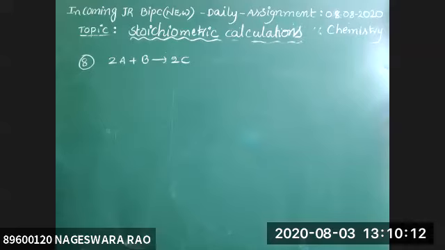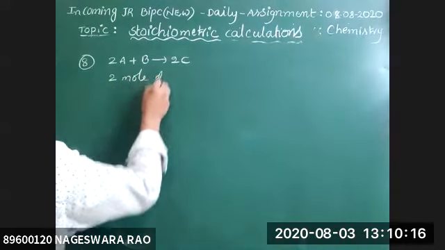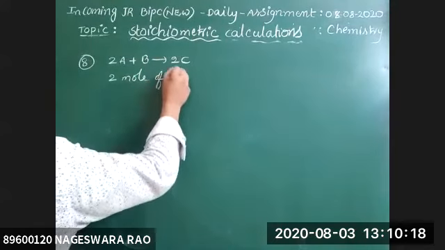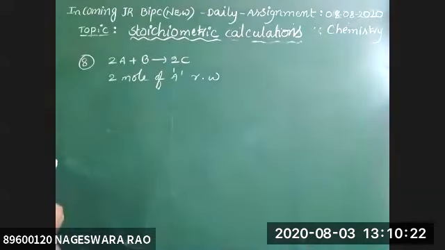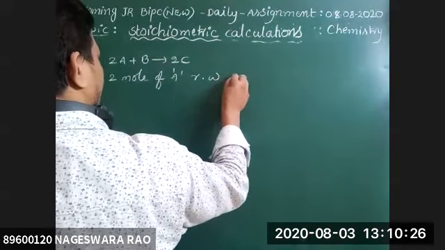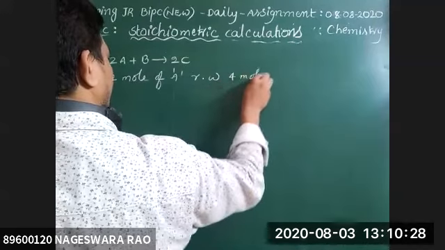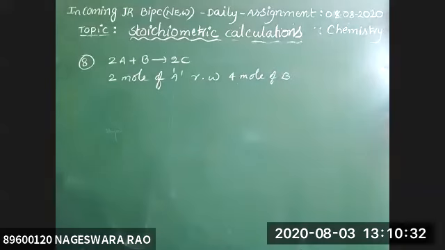In this reaction, 2 moles of A react with 4 moles of B. How much amount of B in moles is left in the reaction?